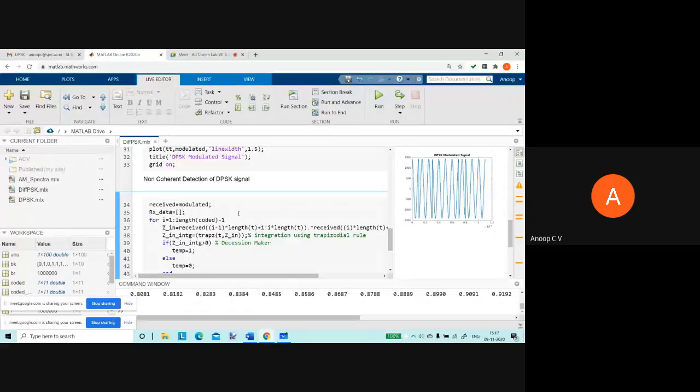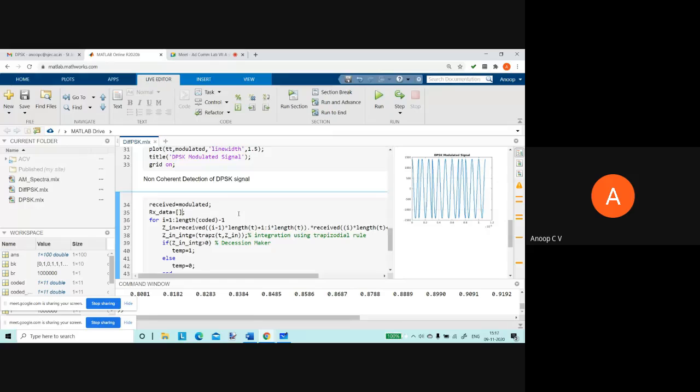Just remember, initially the raw data sequence had only 10 bits. After differential encoding, we have 11 bits, but after demodulation we should get back only 10 bits.